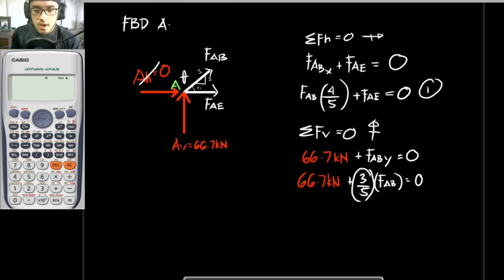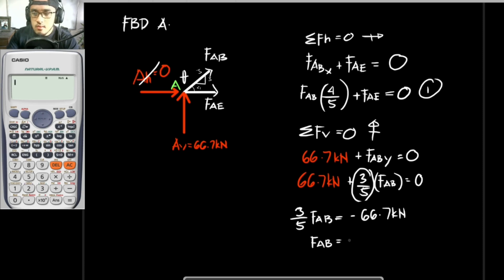Okay, so solving for the value of our FAB: 3/5 FAB is equal to negative 66.7 kilonewtons. Cross multiplying, our FAB is now equal to negative 66.7 times 5 divided by 3, and our answer here would be negative 111.16 kilonewtons.